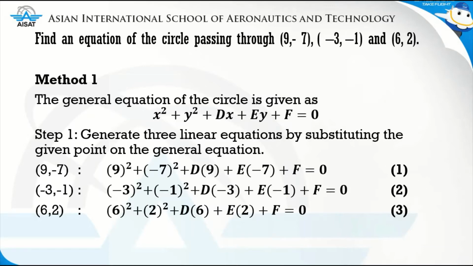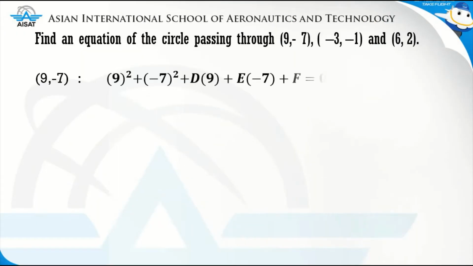Now let us try to simplify these equations. For the first point, let's simplify 9 squared plus (-7) squared plus d times 9 plus e times -7 plus f is equal to 0. If we square 9 and -7, we'll have 81 plus 49 plus 9 times d. e times -7 is -7e, plus f is equal to 0.